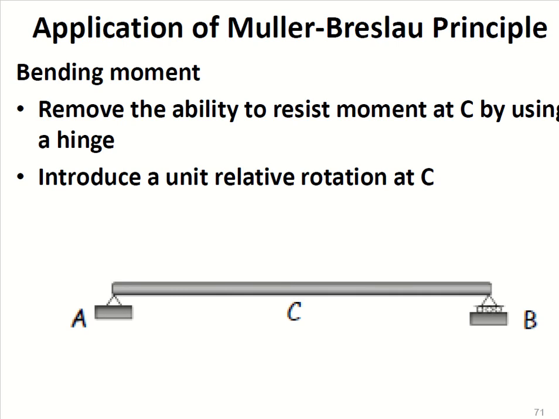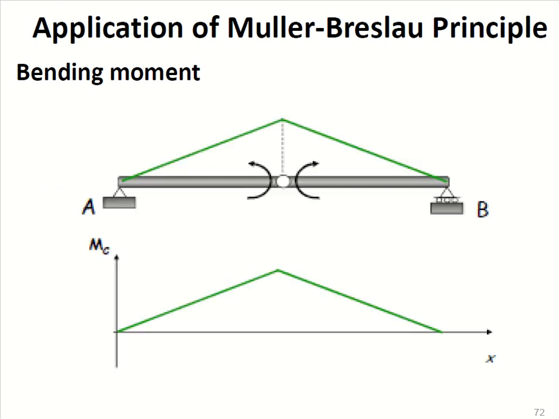And we only want to draw the influence line diagram for the bending moment, so we are introducing a hinge at the point C and inducing a unit relative rotation. So see, you have induced a hinge. Now it is a hinge and you are moving it, so it will move upward like this, and this is your influence line diagram for the bending moment.